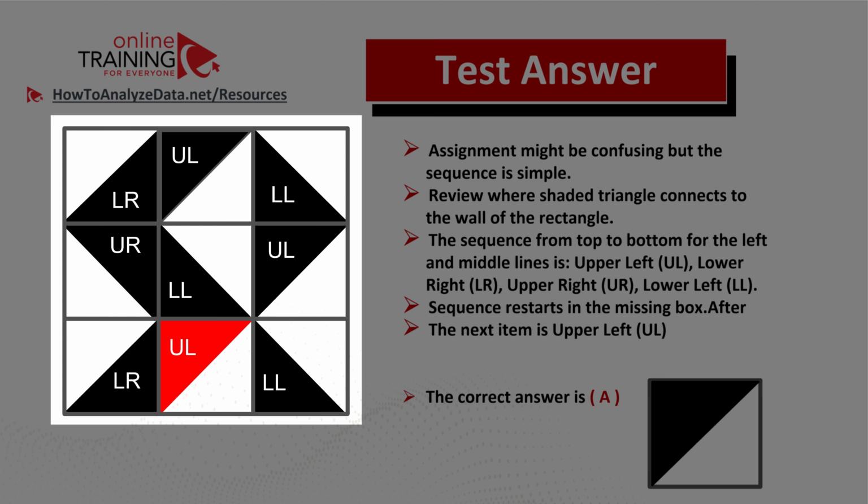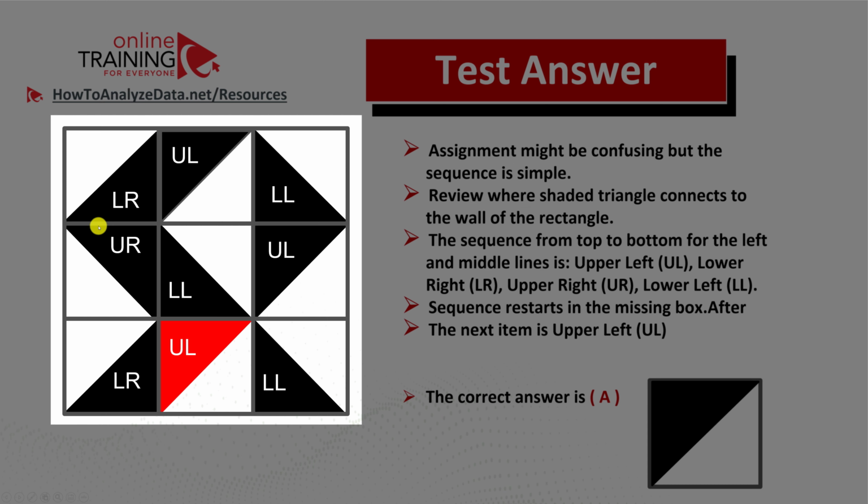As usual, to solve these types of questions, you need to look at the sequence. And the sequence is determined by where the inside dark triangle connects to the inside walls of the rectangle. So for example, if you look at the left and middle line, this is where the sequence is. You see that it starts with upper left, so we have upper connection and then left connection. Then goes to lower right, so we have lower connection and then right connection.